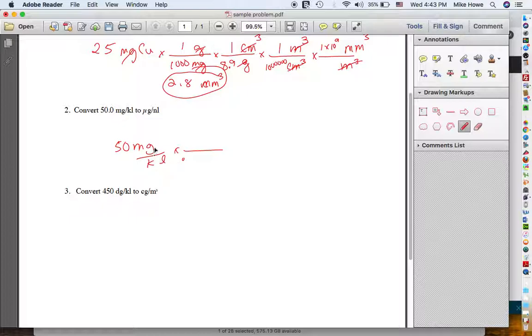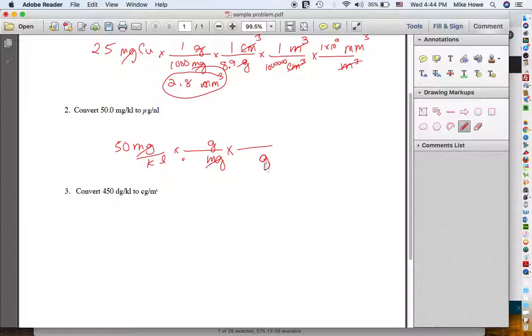I guess we could either do the numerator or the denominator first, but I've been doing the numerator first. So I put milligrams here. We want to go to micrograms, but you probably don't know micrograms to milligrams, but you should know milligrams to grams because that's on your things list. So milligrams would cancel. We'd have grams over kiloliters if I worked it out, but we want micrograms.